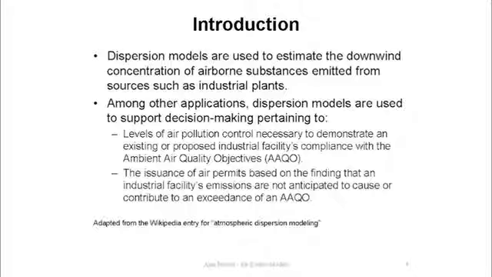And among other applications, the results of these models are used to support decision-making pertaining to the levels of air pollution control necessary to demonstrate that an existing or a proposed facility will comply with applicable air quality standards, and to inform the decisions ultimately of whether or not air quality permits will be issued and what sort of conditions to control air quality or monitor air quality will be included in them.